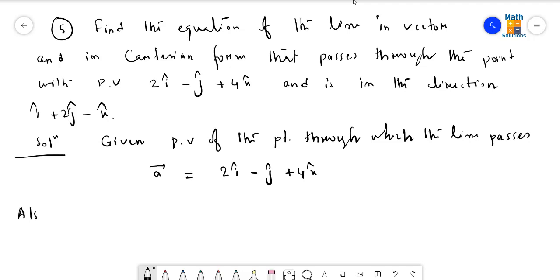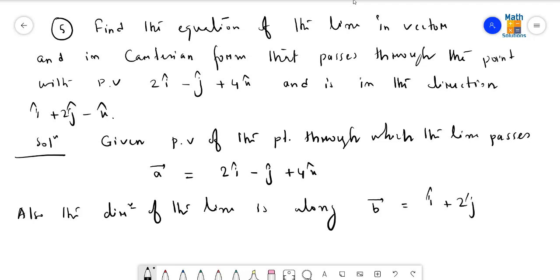Also, the direction of the line is along vector b, the second one, which is i cap plus 2j cap minus k cap.